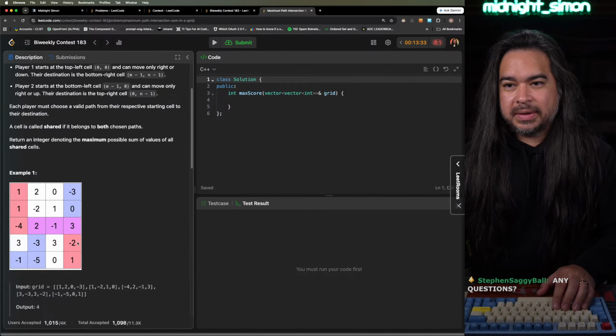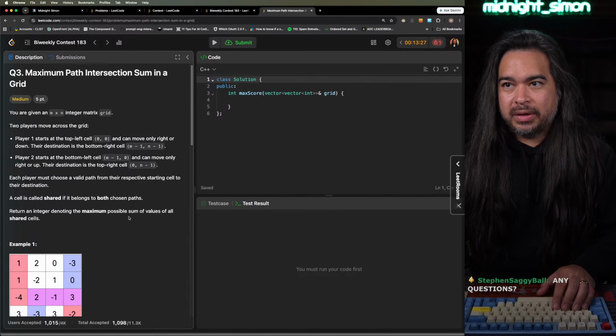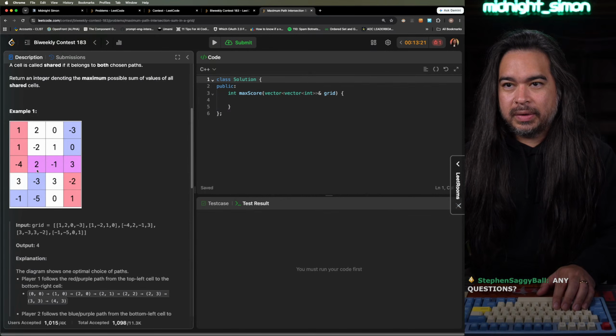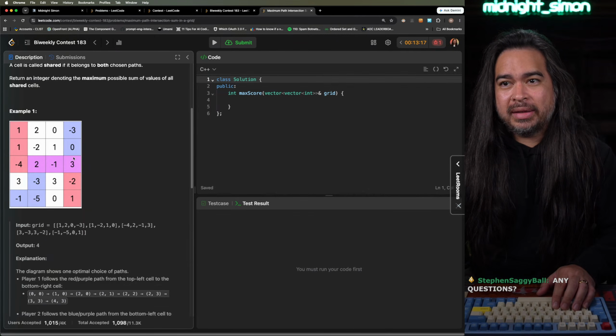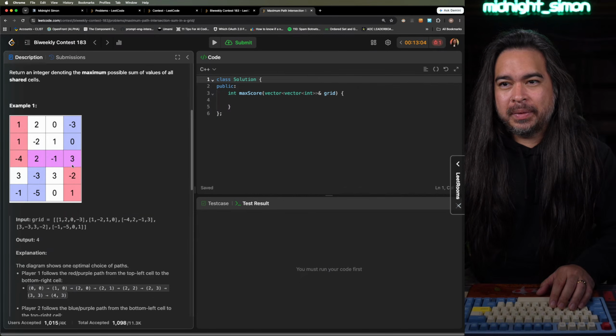So I guess, wait, is there more? No. So it's like the most shared cells these paths can have is like one full row, right?